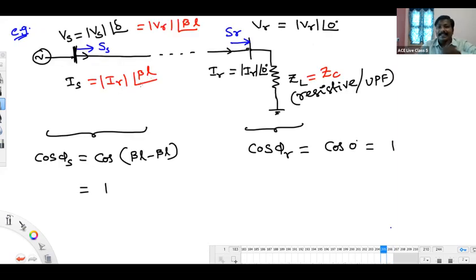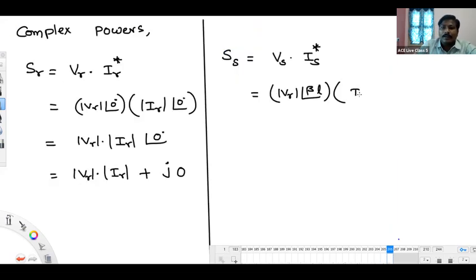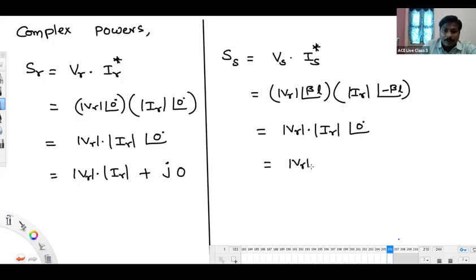Mod IR at an angle minus beta L. So you get mod VR into mod IR, and the resultant angle will be 0 degrees. So it comes to mod VR mod IR plus j0. Any observation to be made from this?